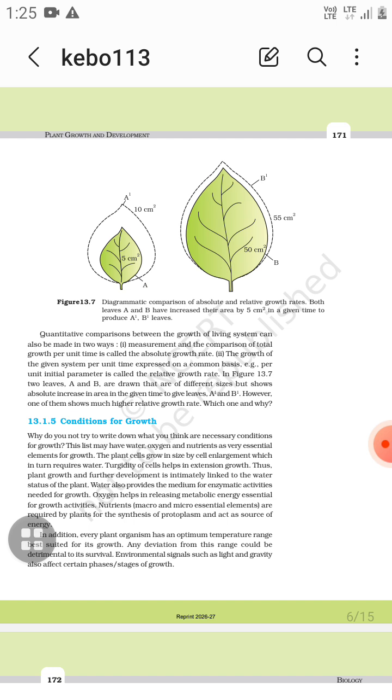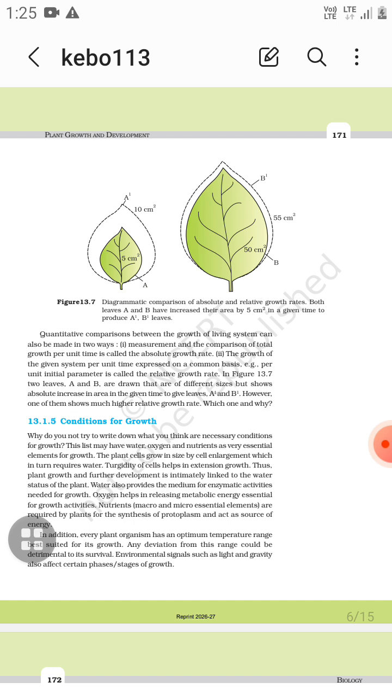Now in the second diagram you see it goes from 50 centimeter square to 55 centimeter square. So in the B leaves, the total increase was 5 centimeter square, but 50 centimeter square is not that much less than 55 centimeter square.